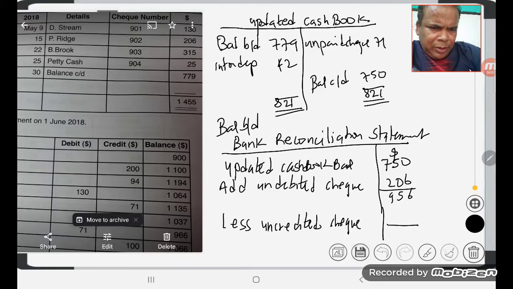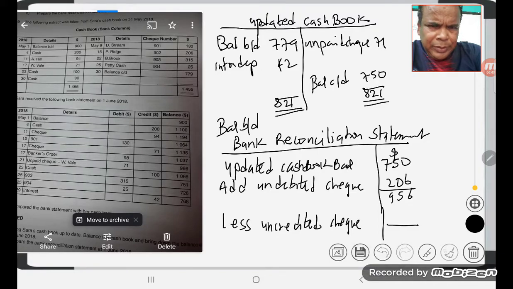Uncredited we have 90, so we have to deduct it. We have to calculate the balance again: 779 plus 42, this 821 less 71, 750 plus 206, less 90.